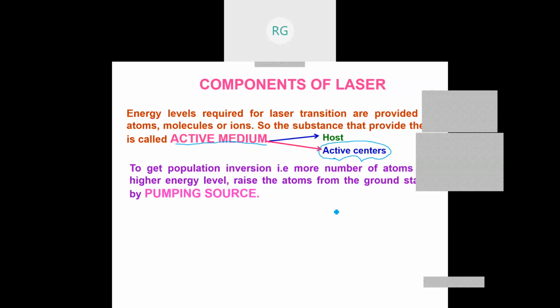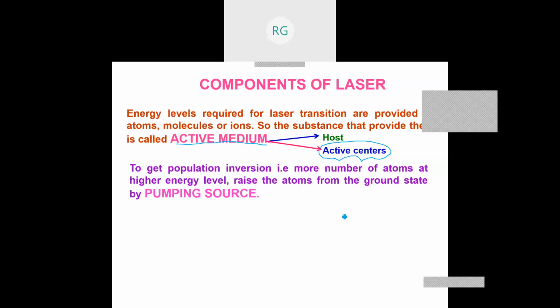To achieve population inversion, we want an external source to take the atoms from the lower energy state to the higher energy state. That external agency we call the pump source. So the pump source is another important part of a laser to get population inversion.